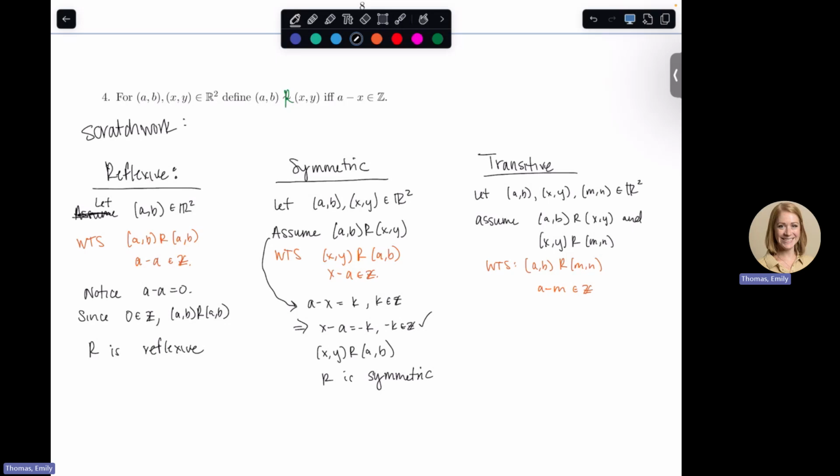What do we know? A minus X is an integer, and X minus M is an integer. A minus X plus X minus M.